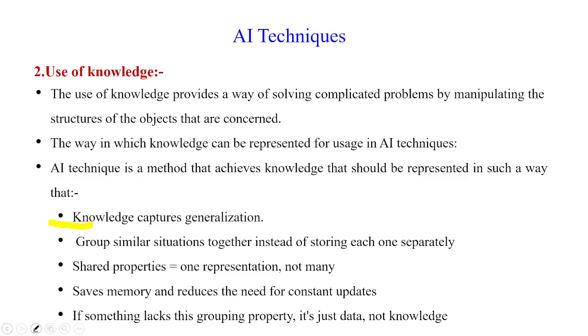Shared properties mean one representation, not many. This saves memory and reduces the need for constant updates. For example, instead of storing that sparrows fly, eagles fly, parrots fly, and pigeons fly separately, you can generalize it as: birds fly. So one rule replaces millions of facts.